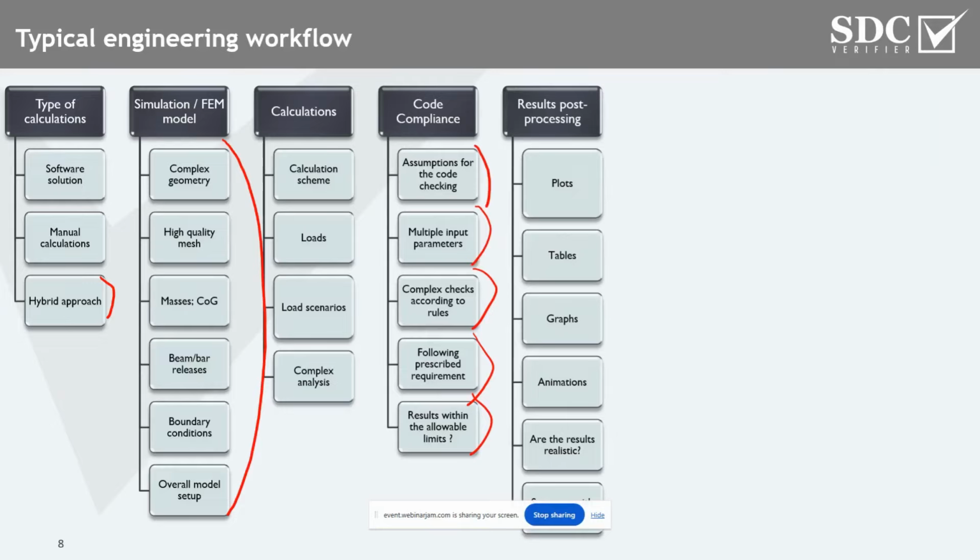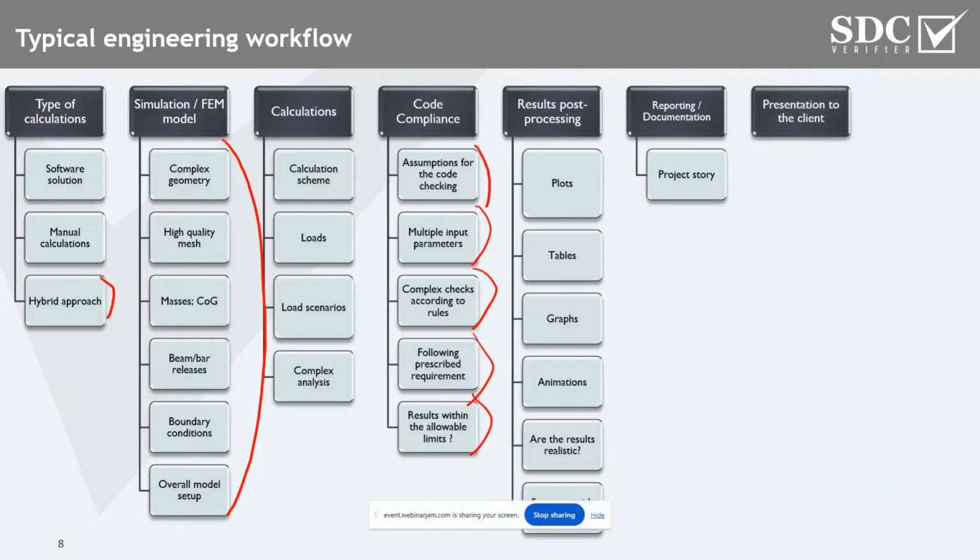After this is done, only then do we start making a report, creating documentation. In short, we create a project story. We do that to present it to our client, to stakeholders, to our colleagues, whoever, and we need to provide them with our expert opinion.